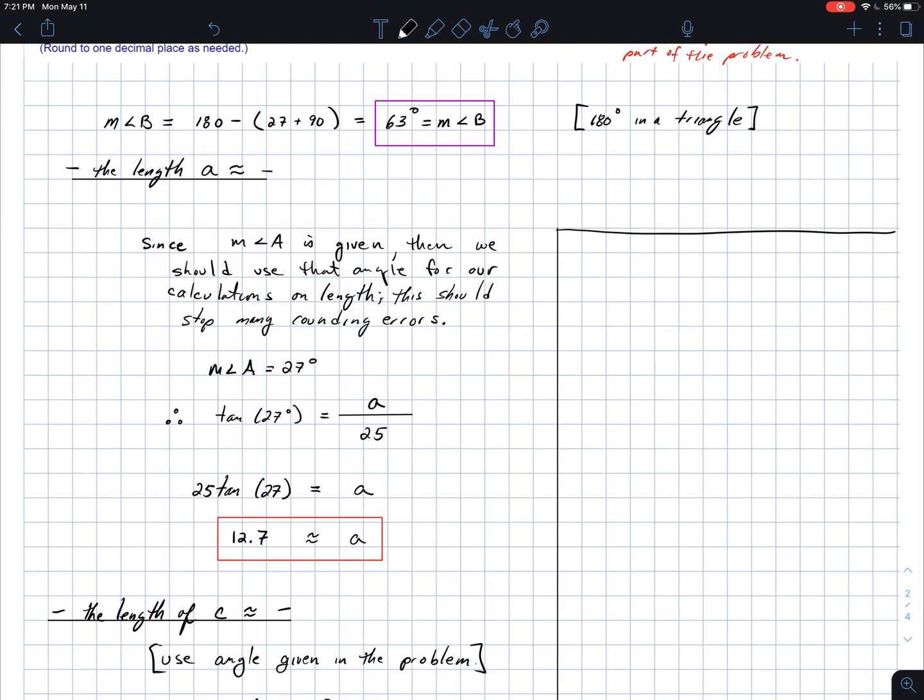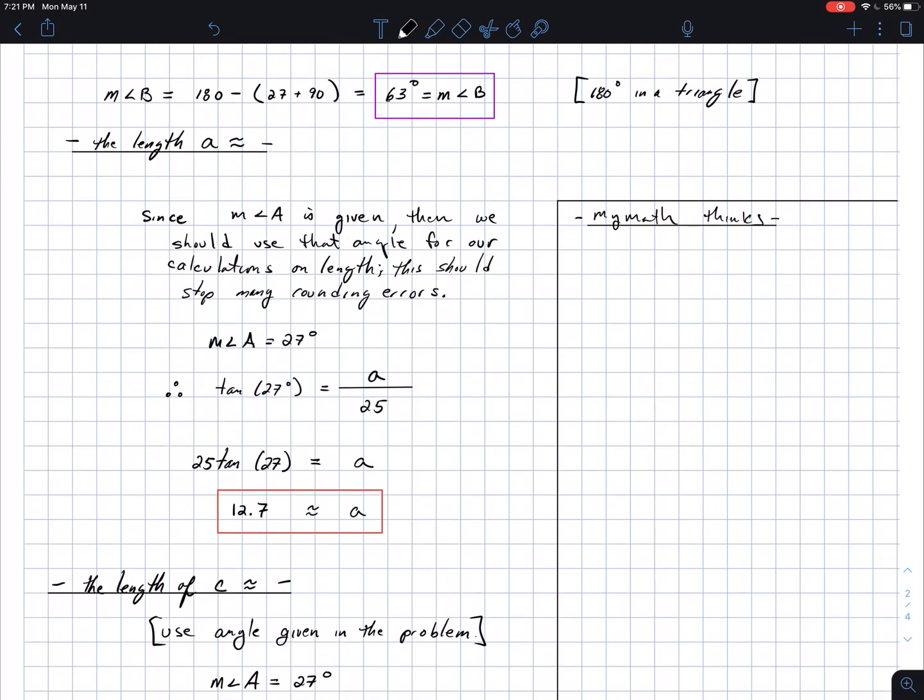But I'm pretty sure this is the way my math lab thinks. It says, calculate this and use that, because now it's correct, so you can use it. Logic. So I'm going to do the same problem, but this time we're going to take into account the measure of angle B, which is equal to 63 degrees.